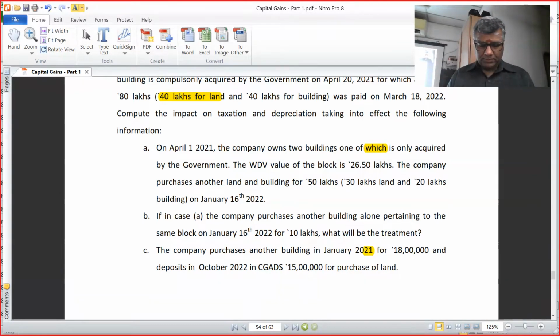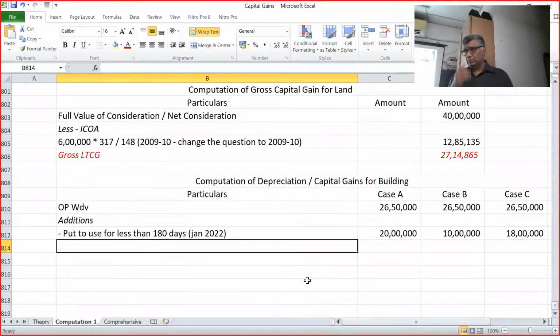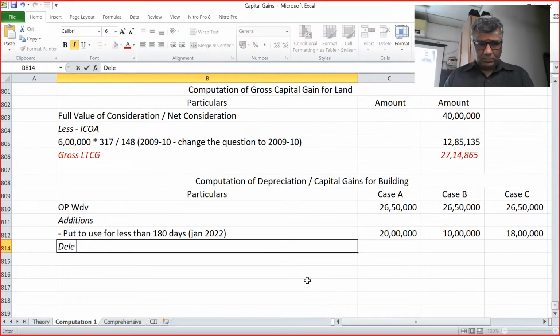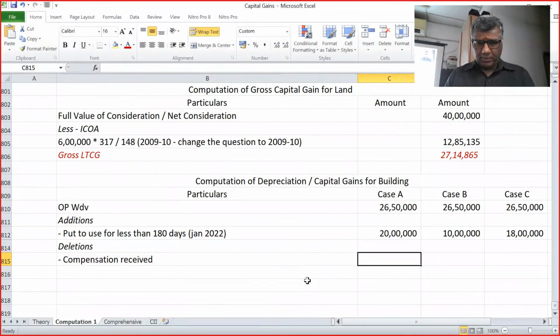One minute. Deletions: compensation received 40 lakhs.